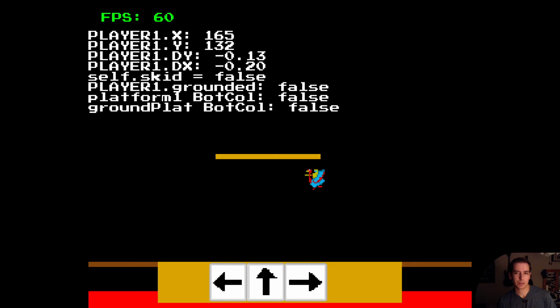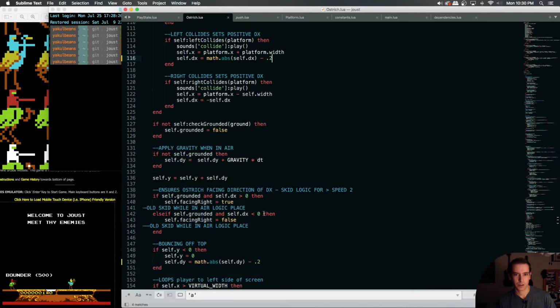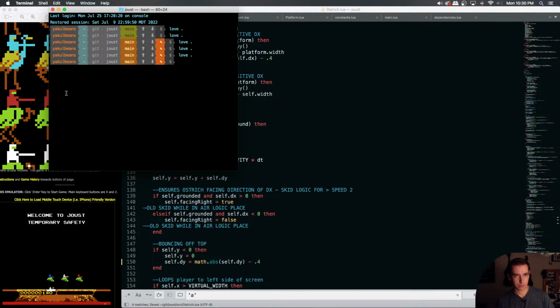The light bounces feel, well, does that seem like the fast bounces are faster? Let me see if we subtract a 0.4, and this is why you don't use magic numbers.